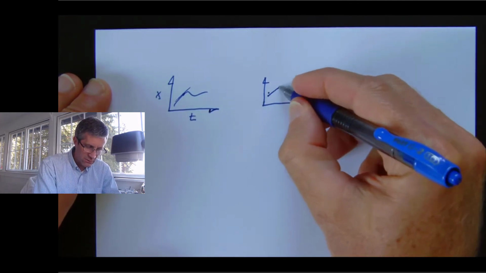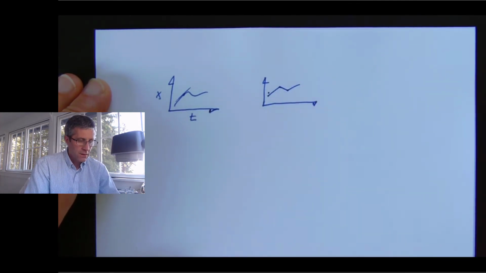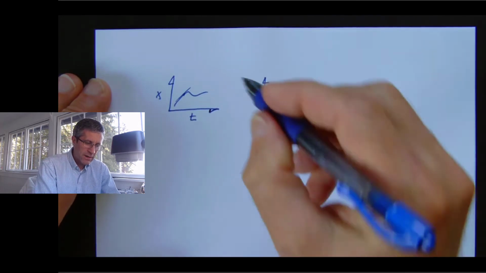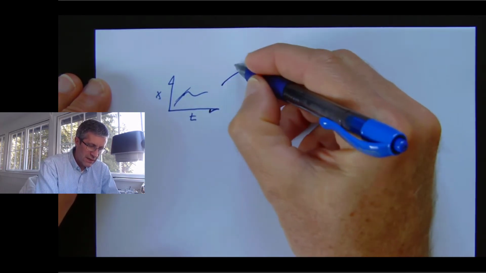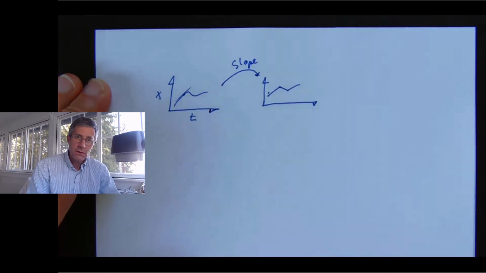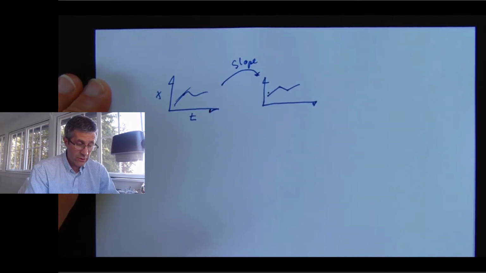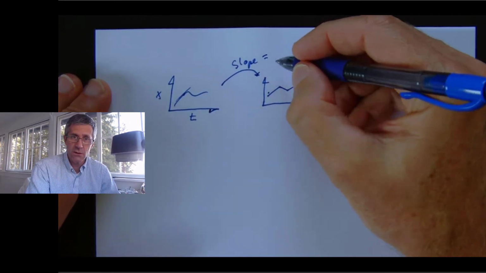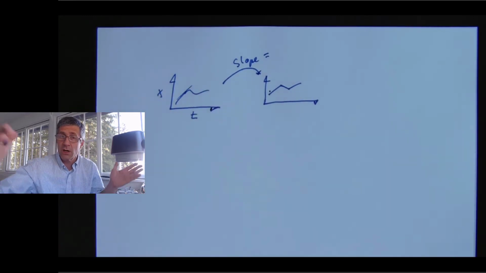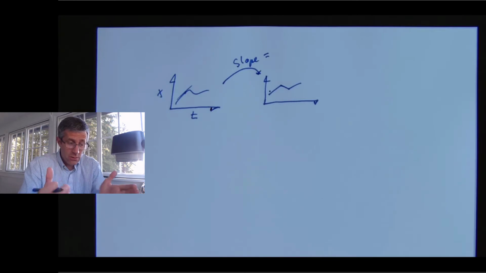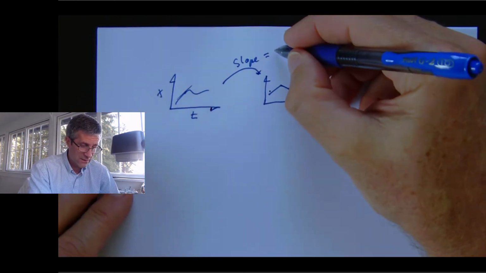So the slope for my position time graph tells me velocity, and this is the derivative. The rate of change is something. The only difference is when we talk about slope, we're talking about a long distance, and when we talk about derivatives, we're talking about really tiny, short things, so it's almost instantaneous.